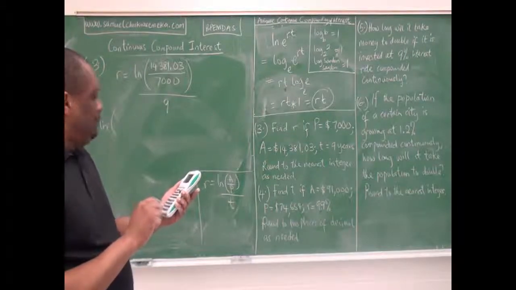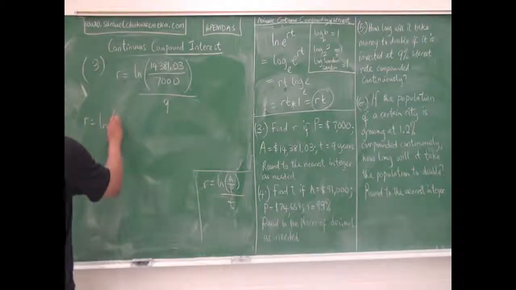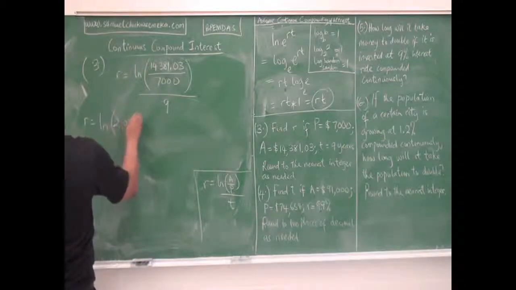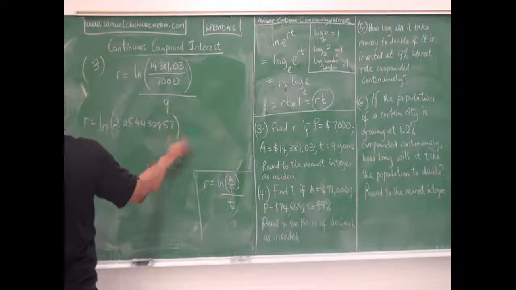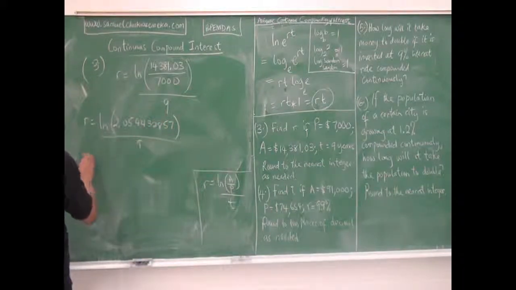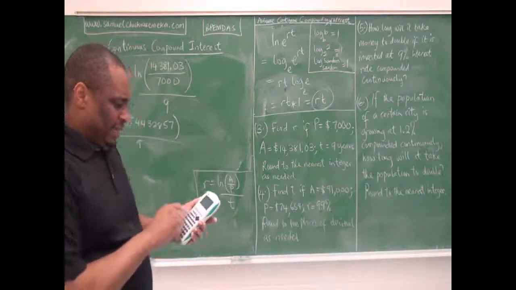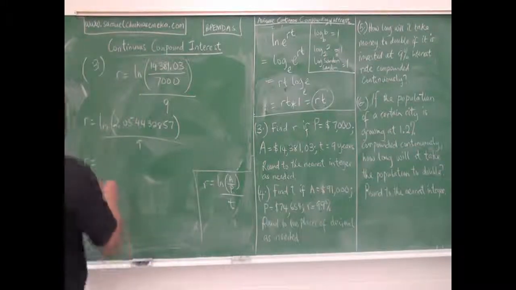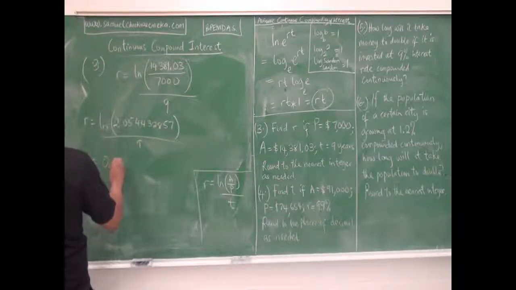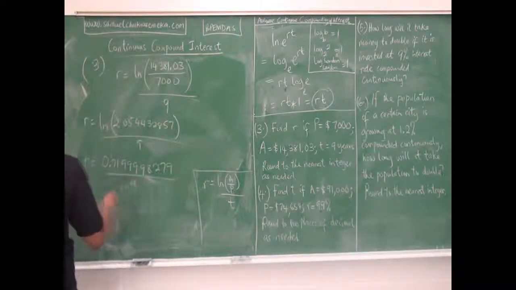14,381.03 divided by 7,000. So you have 2.054432857 all over 9. And all you need to do is take ln of the answer, which is 0.71999879 all over 9.